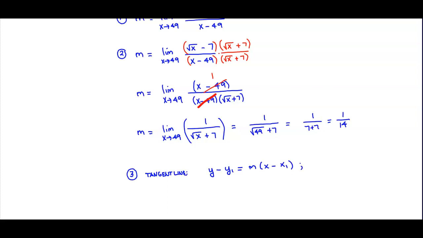Okay, where we know that the slope we just found to be 1 over 14, and the point is (49, 7). So this represents x1 and this is y1. So we have y minus 7, which is equal to 1 over 14 times x minus 49.